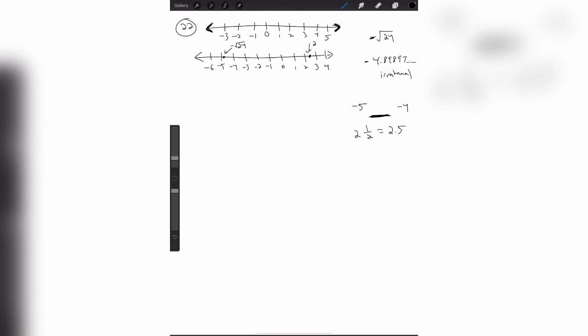And I'll say, all right, that's 2.5. So I was able to do 22 and 23 on the same number line. If you want to do separate number lines, you can. What I drew up here was just showing you what a number line was, and then down here, this was my answer.